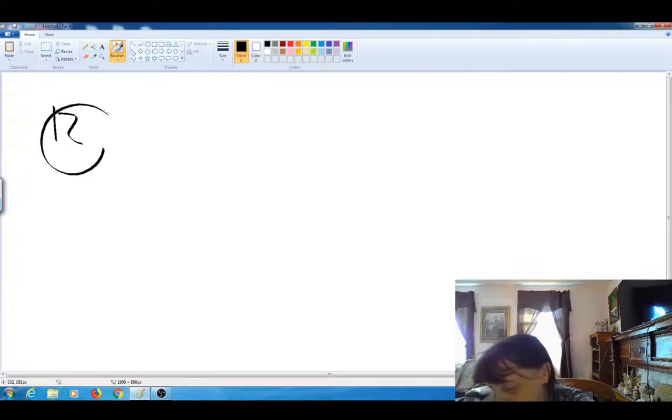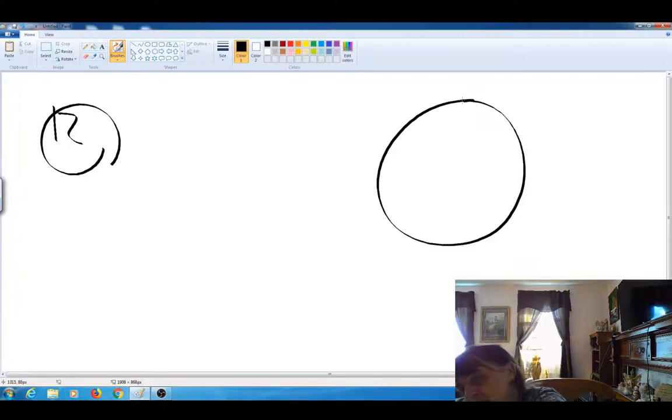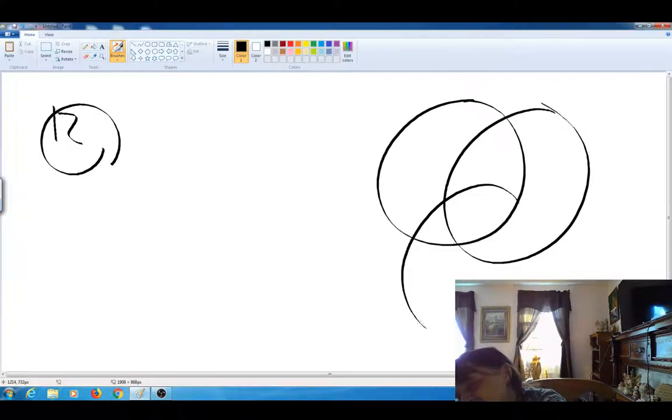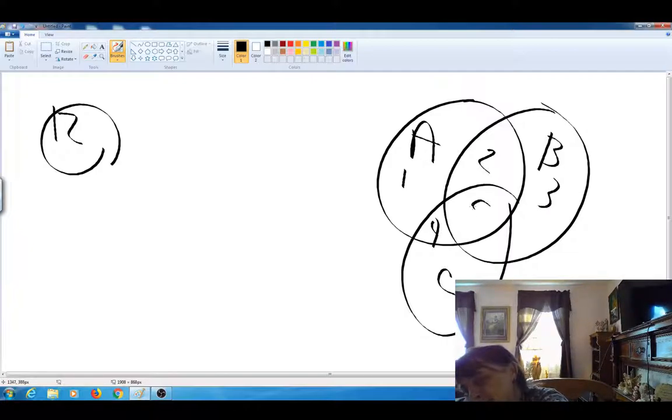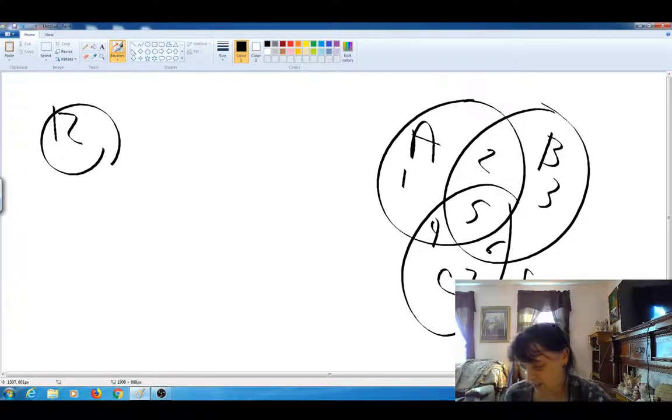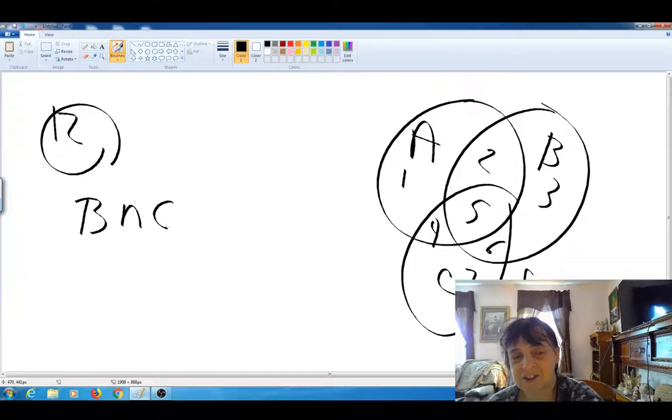Number 12. Okay, so here's A, B, and C. B intersects C prime. C prime, hold on a second.